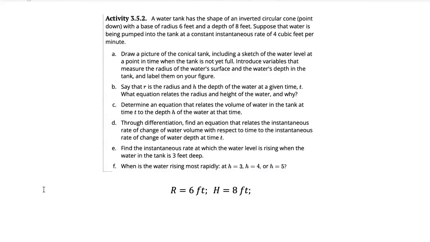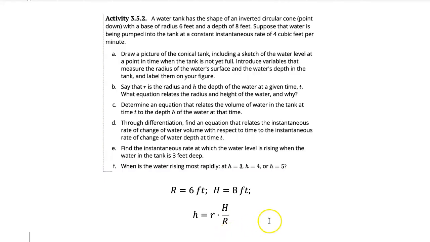Then, because this is a cone, we know that at any other point on the cone, at a given height, h, that is related to the radius at that height by the ratio of the maximum height over the maximum radius. And so it's just similar triangles. So little h over little r equals big H over big R. And so that gives us the relationship between H and R.